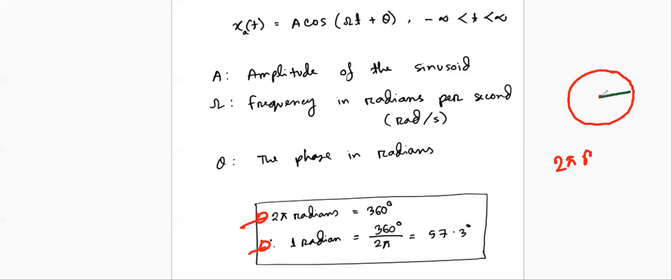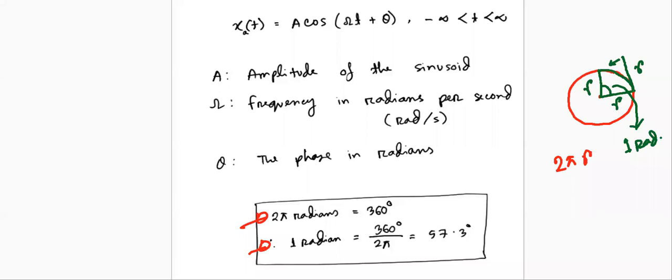You have the radius r, and you put that same radius on the circumference, bending it along the circle, and this angle is known as 1 radian.